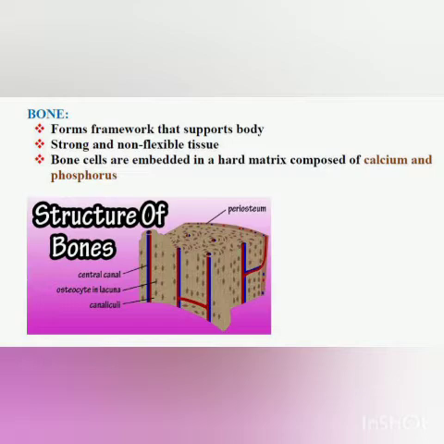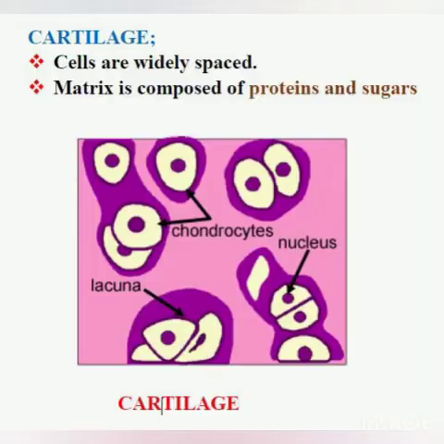Now you see here on the slide, another connective tissue is cartilage. Now in cartilage, as you can see in the picture, the cells are widely spaced. Okay, the cells are not closely present, they are not close to each other, but widely spaced, and the matrix here is composed of sugars and proteins.